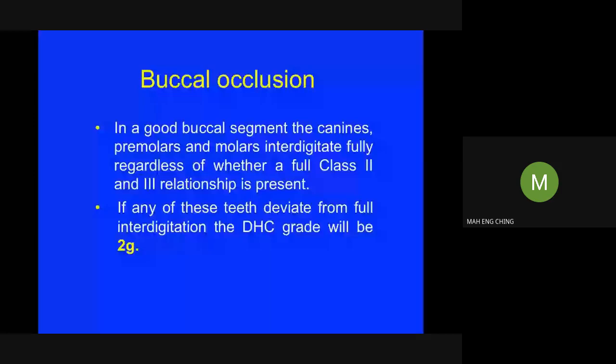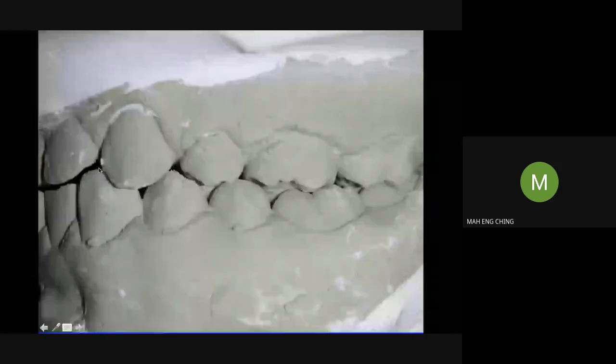But if any of these teeth deviates from full interdigitation, then they have a grading called 2G. You see in these pictures the canine, premolar and molar. Even though this one is considered class 2 molar, the canine is class 1, so they fall in between the embrasure nicely. This is perfect interdigitation, even though they are molar class 2.